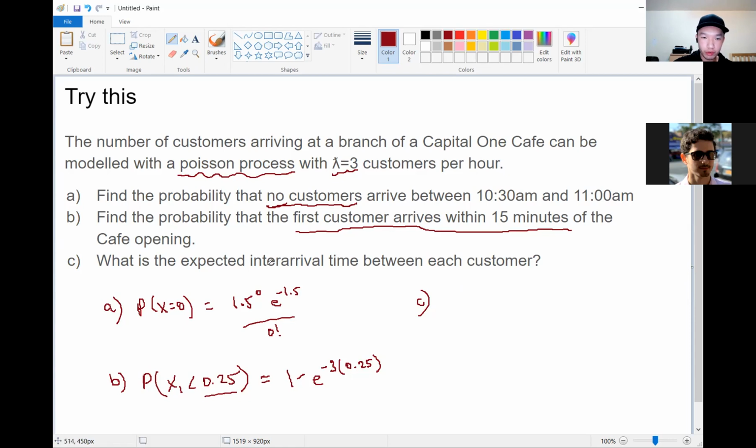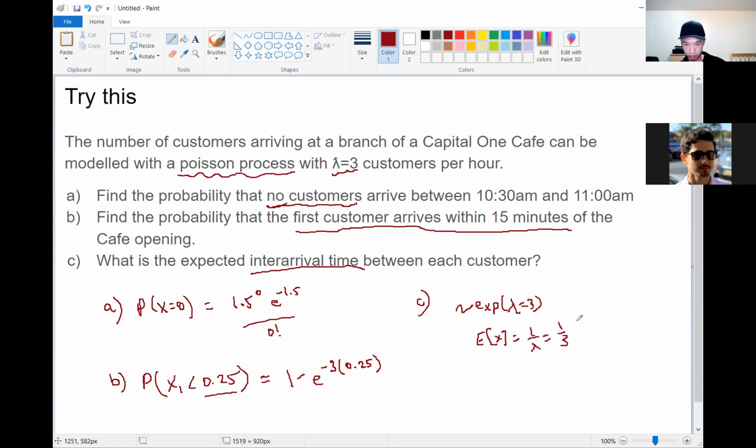So the inter-arrival time is exponential with lambda equals 3. And we know the expected value of an exponential is 1 over lambda, which is 1/3 here. So yes, your 1 over 3 is correct.